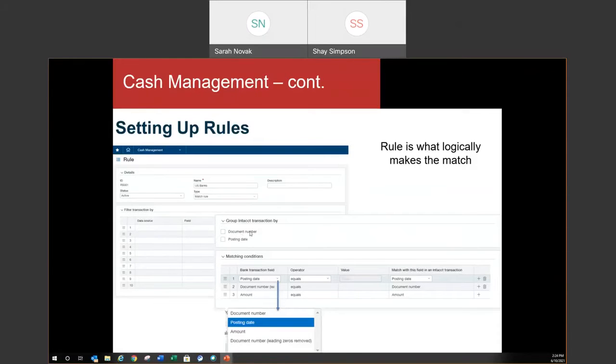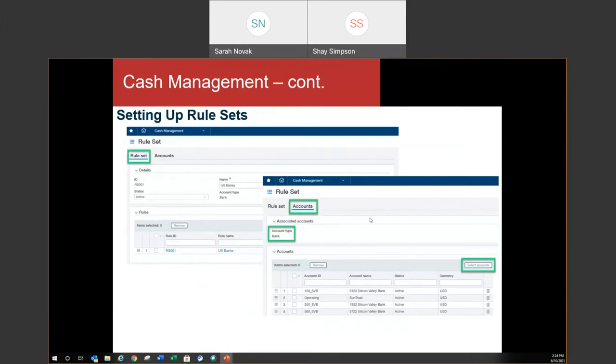What this is going to do now is group the document numbers and or group the posting date. So if we have 3 transactions that we can group by document number, that can easily be matched to the one transaction that has occurred on the banking side. So a lot of good functionality there.